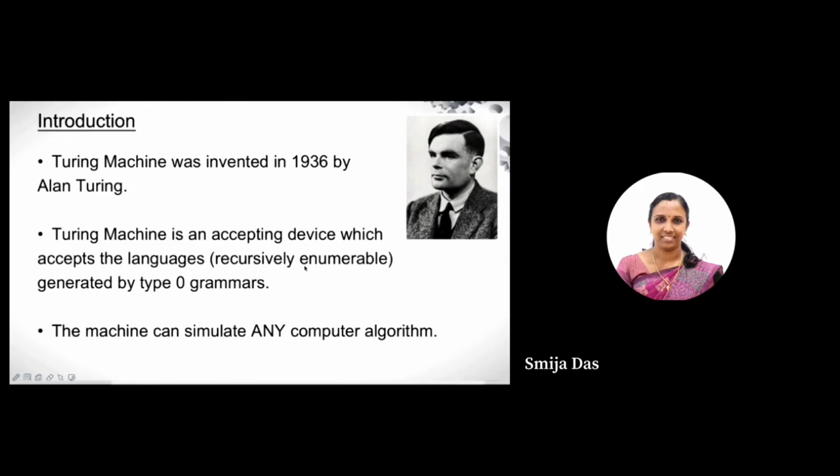The actions of the scanner are dictated by a program of instructions that also is stored in the memory in the form of symbols. This was the stored program concept of Alan Turing.